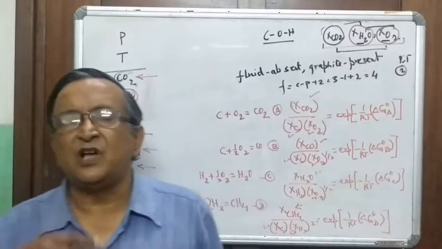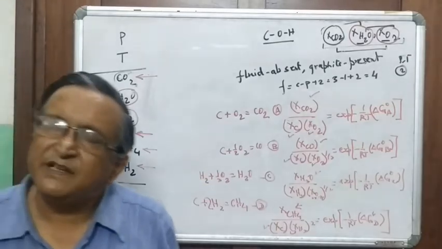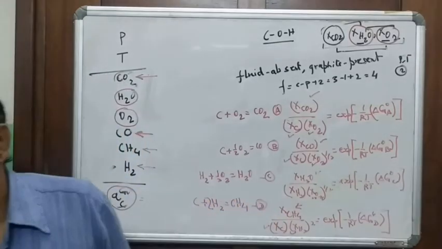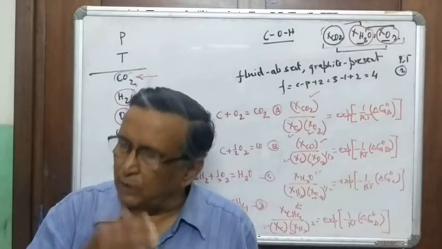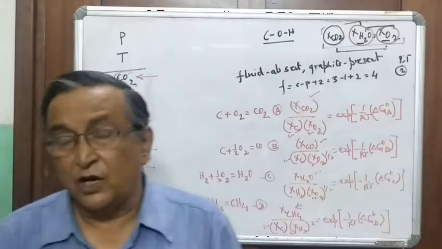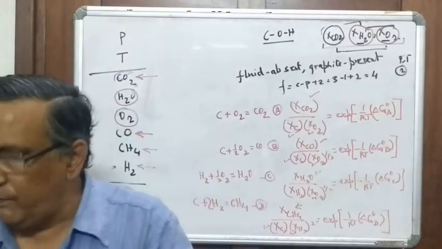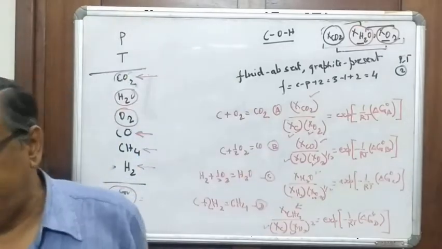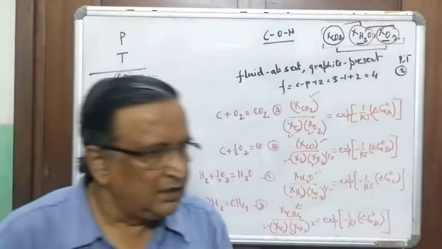Next class, we will start on what is called progressive metamorphism of siliceous dolomite or dolomitic limestone, dolomitic quartzite. We will do that, and that's very interesting because it gives you an insight into how metamorphic reactions work, one after the other, as a function of temperature. We will do that.